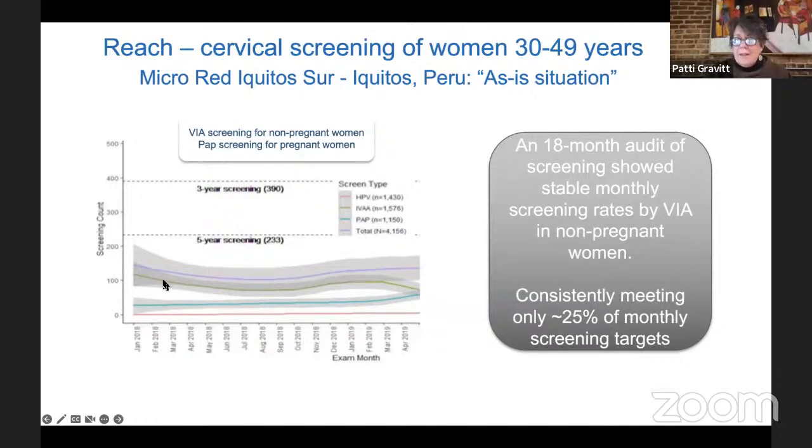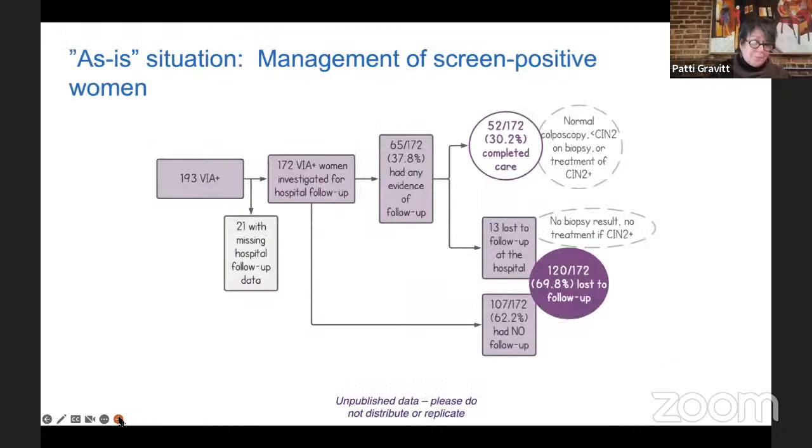And what we could see in women 30 to 49 years is that they were only consistently meeting about a quarter of their monthly screening targets. With either of these two tests, they would have needed to screen about 390 women per month, and they were only screening just over 100 or 150 women per month. And so this was clearly one of the reasons why the cervical cancer rates were not decreasing, is that they just weren't meeting their screening goals.